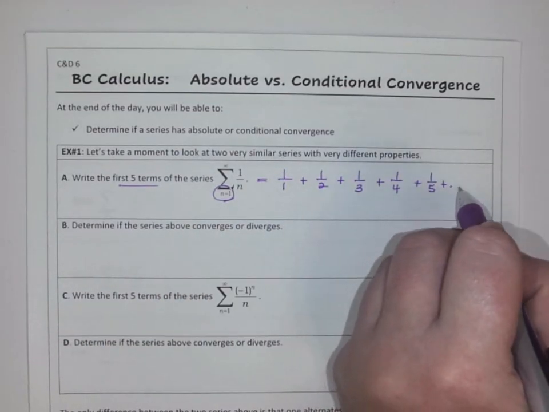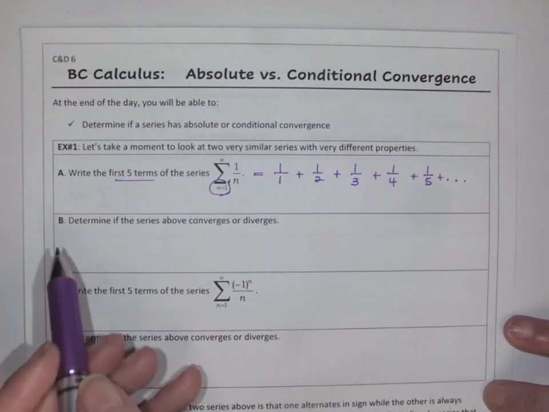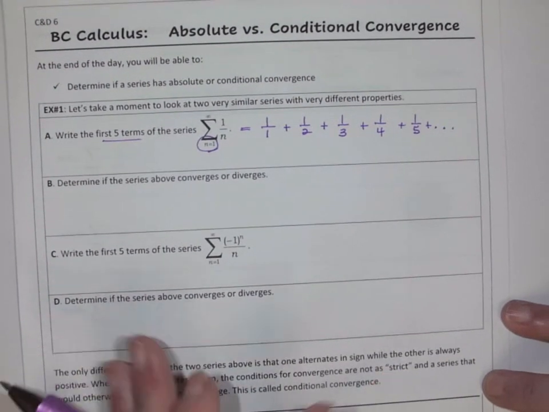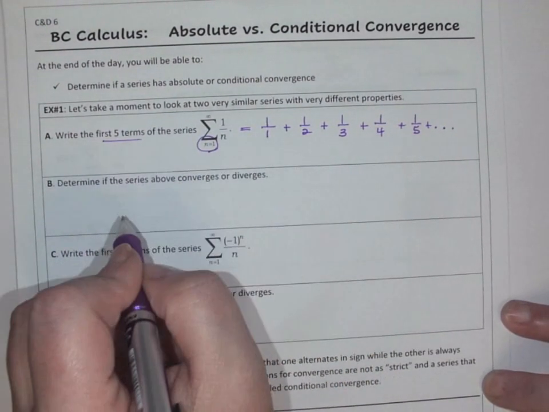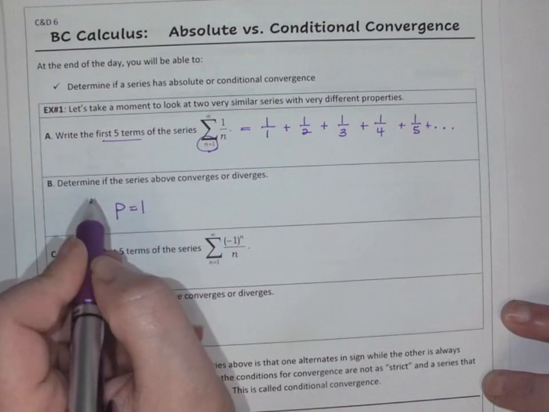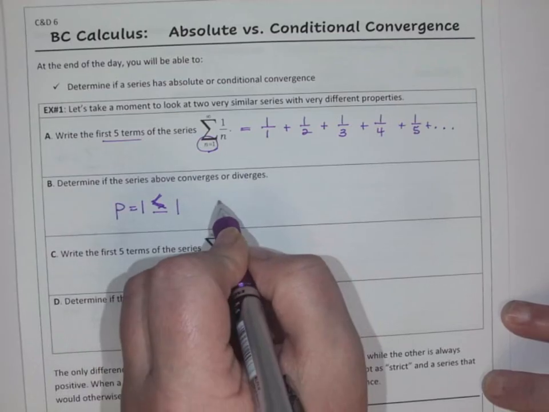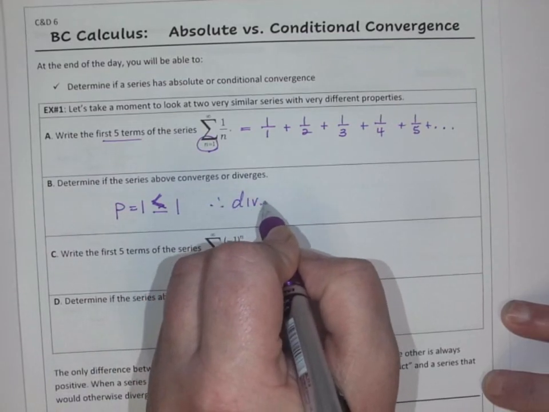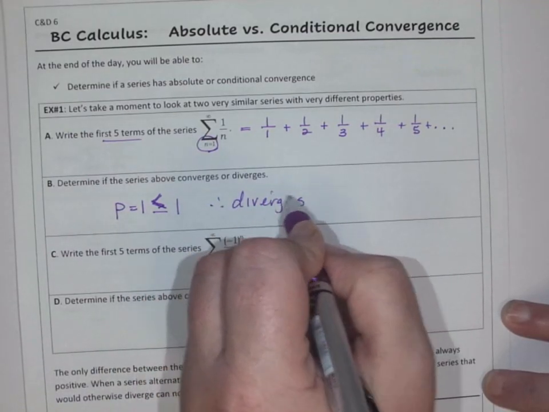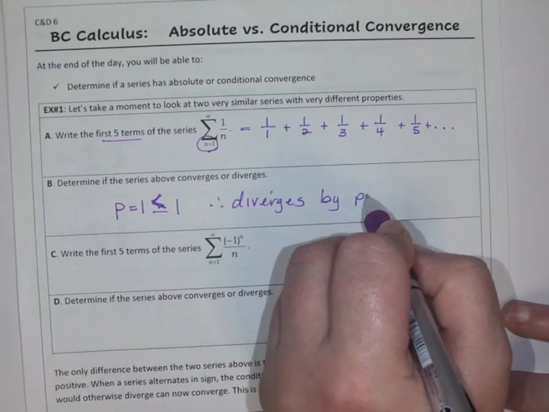Does it converge or diverge? It's a p-series where p is equal to 1, which is less than or equal to 1. Therefore, it diverges by the p-series test.